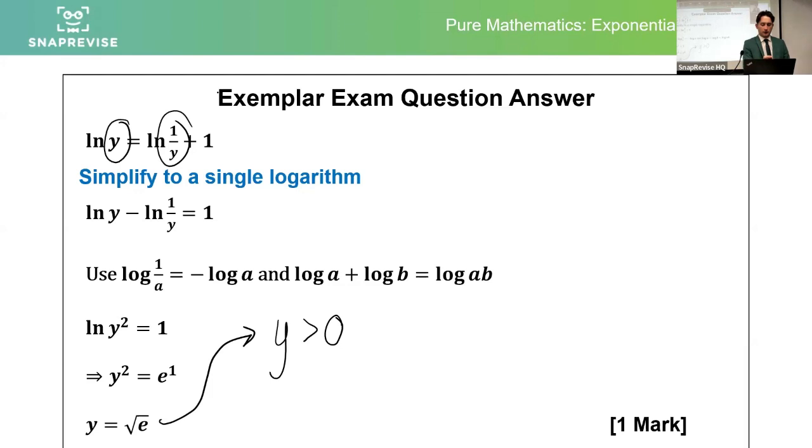Those of you that are clear with log graphs and recognize the domain know you can't put a negative in a log, because in the same way that e to the x has an asymptote at 0, a negative will never come out of that. So you can't do log of a negative number. So y equals root e. Cool. So that was a good first question. Just took a bit of manipulation and then raise it to the power of e, and we're done.